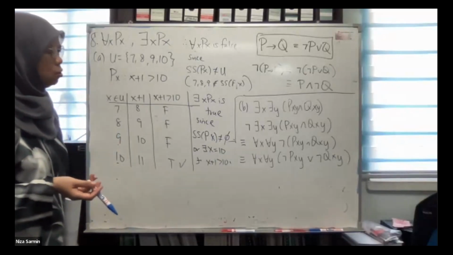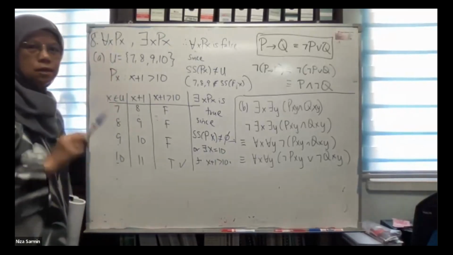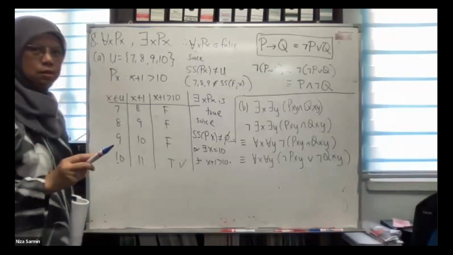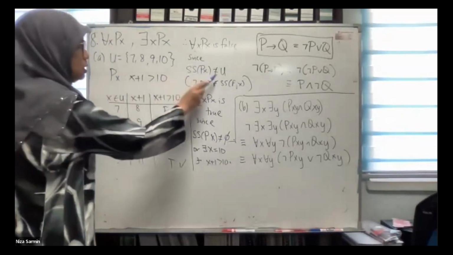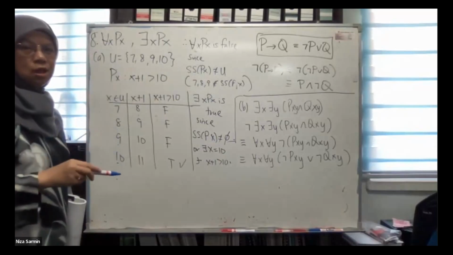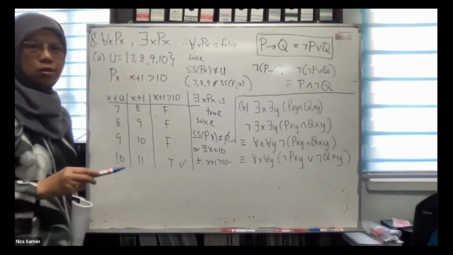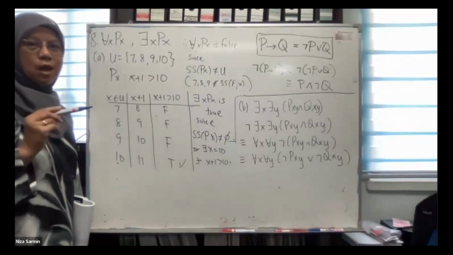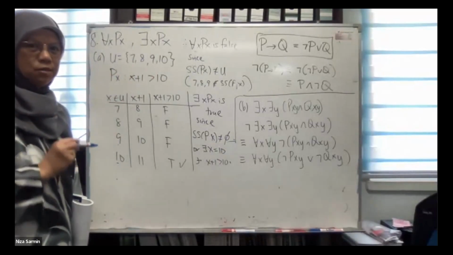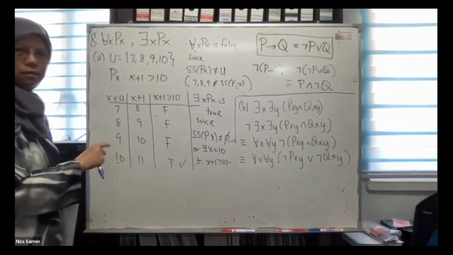Okay. But normally we use for all the U, the solution set has to be U. For all to be true, the solution set has to be U. For this to be true, the solution set cannot be empty. That is the rule. Okay. Clear, yeah?